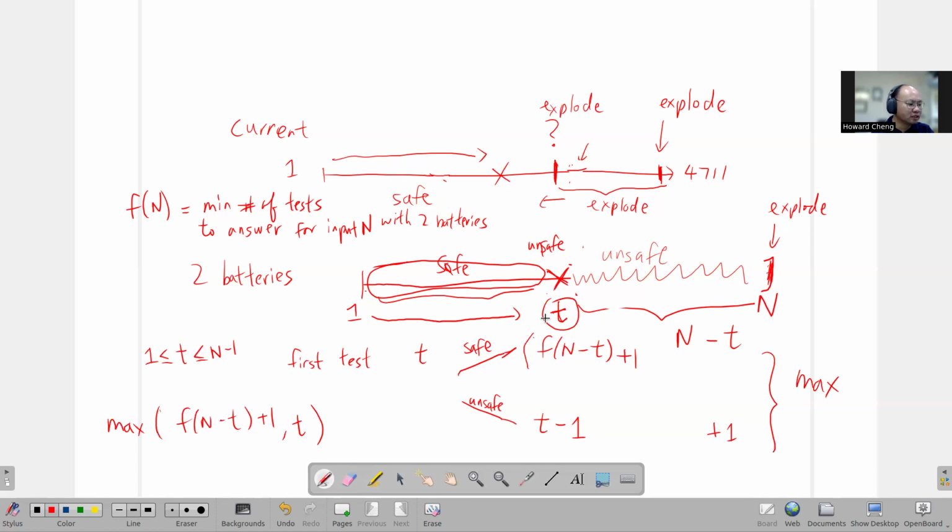But I don't know what t is. I want to try all the different t's. That's my first step. So I want to try all the different t, and whichever t gives me the minimum of this value, I want to take that t. And that's my answer.